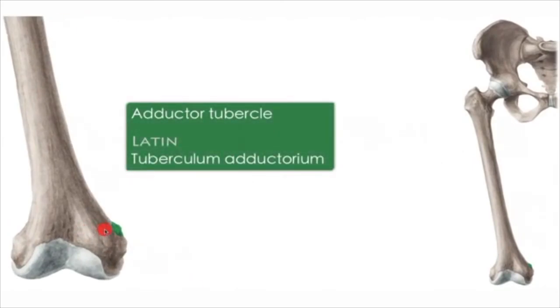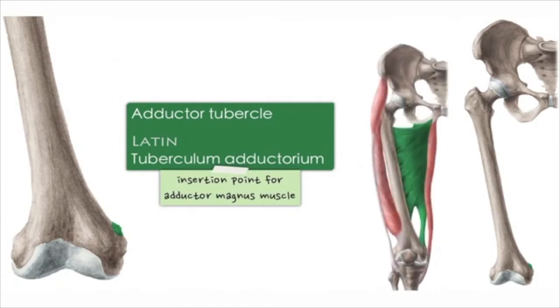This is this tiny elevation that you find right here. This is a small process that is located above the medial epicondyle. And it's very useful because it's an attachment or insertion point for the adductor magnus muscle, seen here highlighted in green. If you follow here, here is where it's attaching on this adductor tubercle found medially.